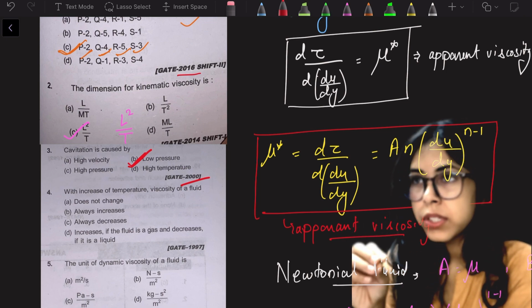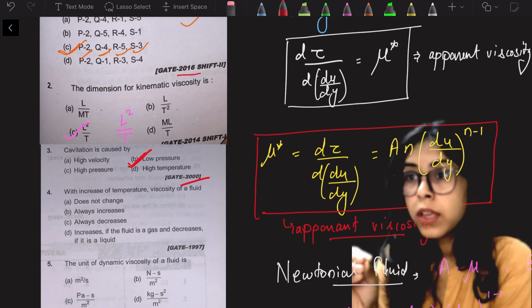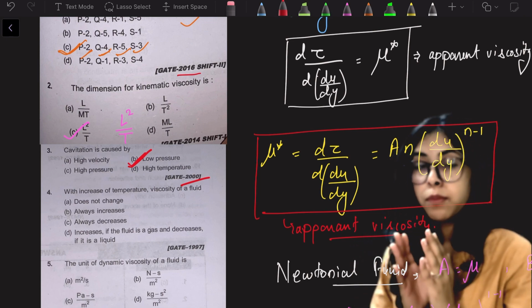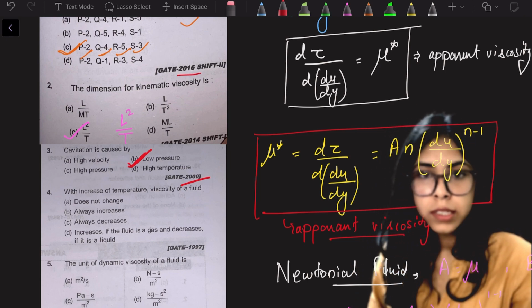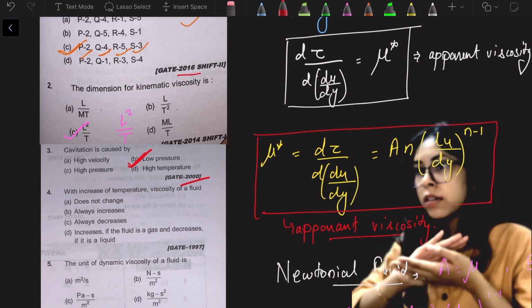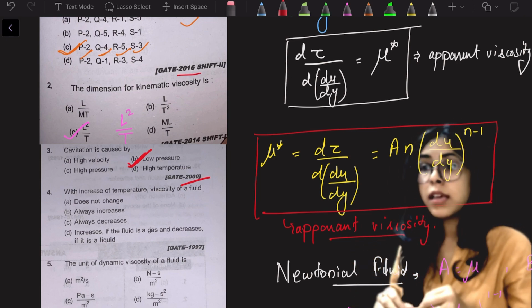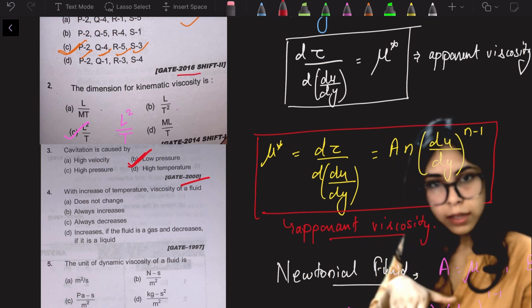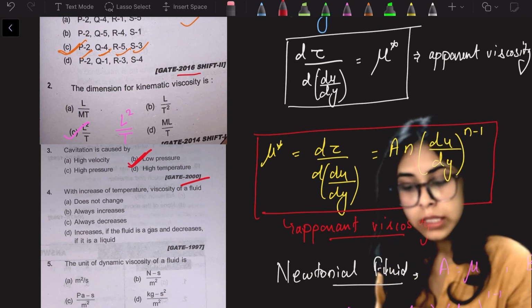So when the temperature increases, there is an increase in the molecular energy. When the molecules have more energy, they are free to oppose the intermolecular forces and run freely, and the viscosity becomes less with temperature increase in the case of liquids.